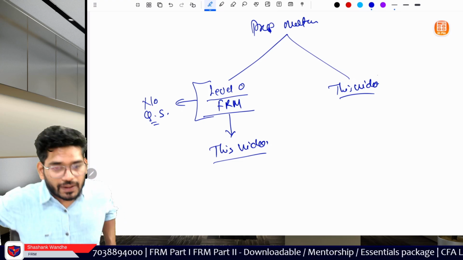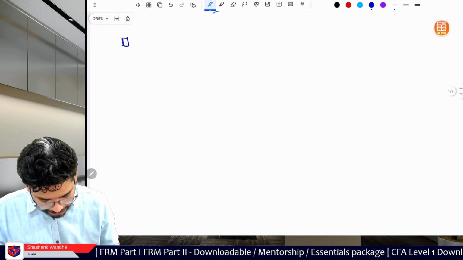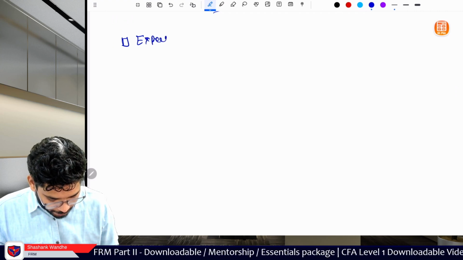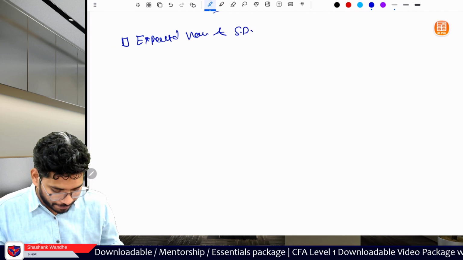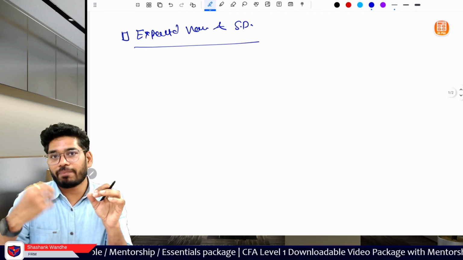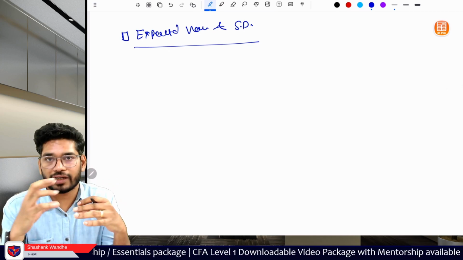So let's start with the first discussion of this chapter, which is on the expected value and standard deviation. Now, this particular concept is related to the previous chapter. In the previous chapter, we discussed the mean and standard deviation.